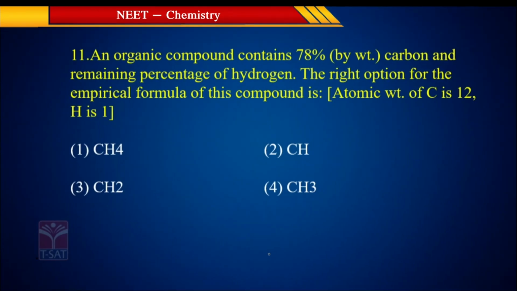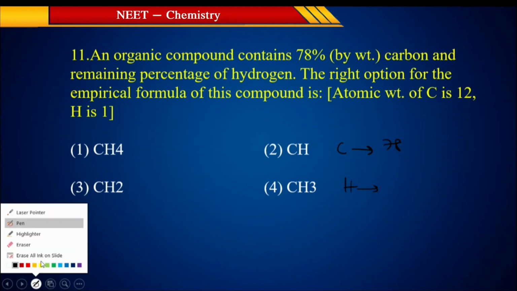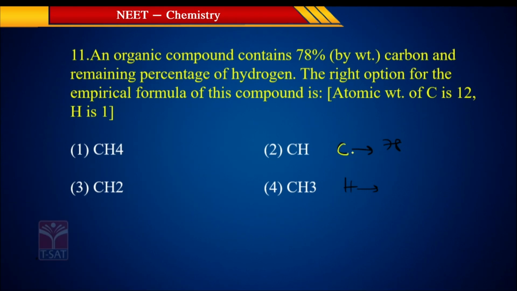Okay, next, 11th question. An organic compound has carbon 78%, hydrogen is, how much is given? The remaining percentage is hydrogen, so hydrogen will be 22, right? So what is its empirical formula is being asked.